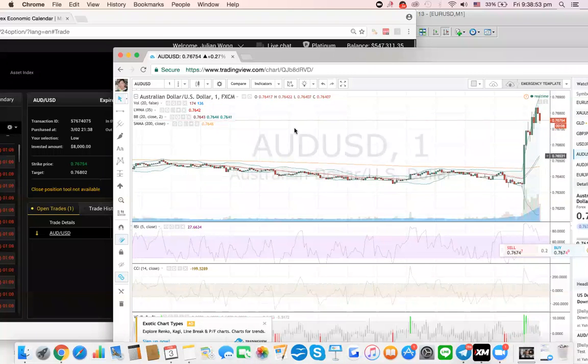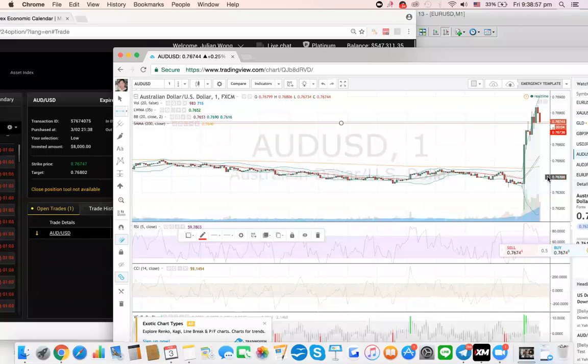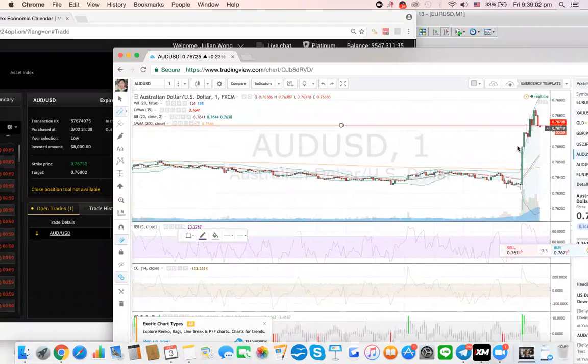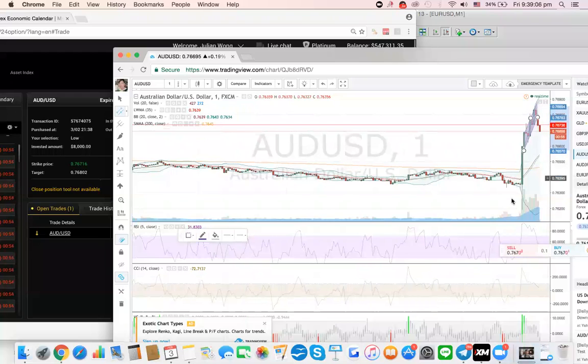Check the M1. This is our home run zone. Okay, we are in the home run zone, guys. Very nicely, tidily done.